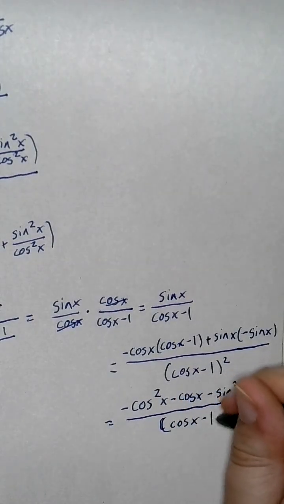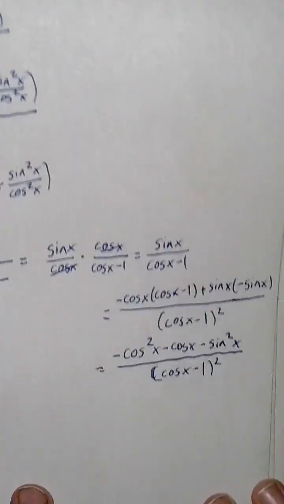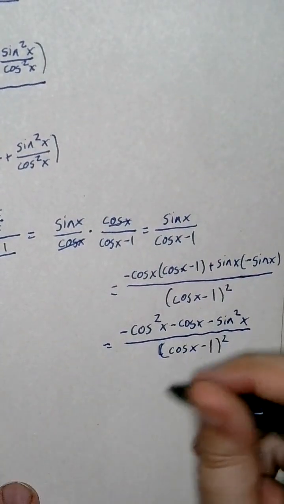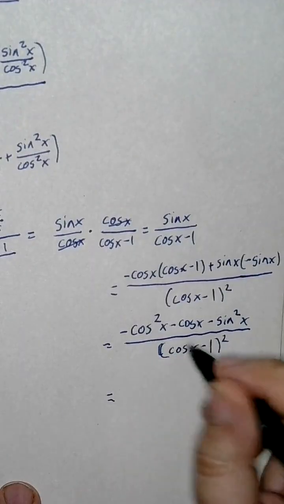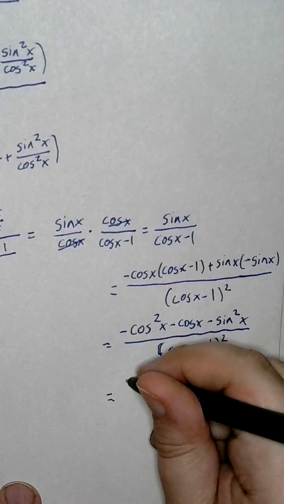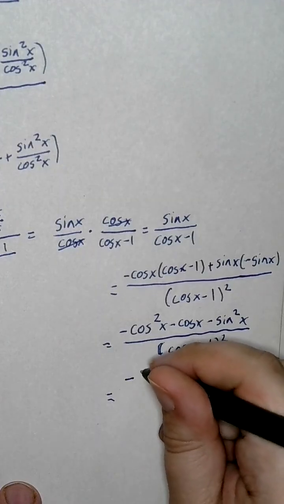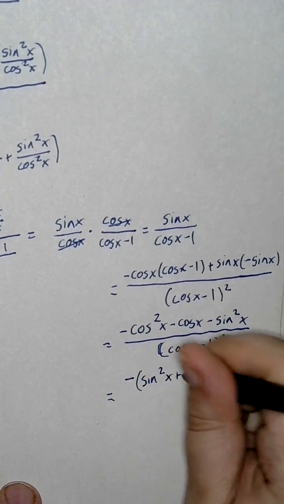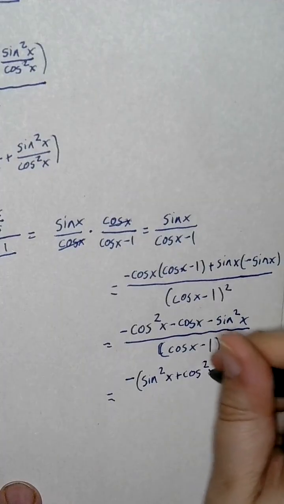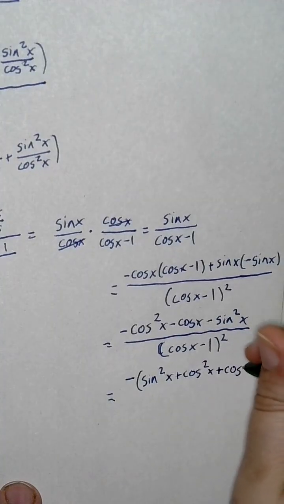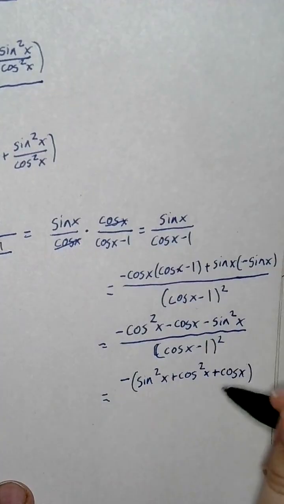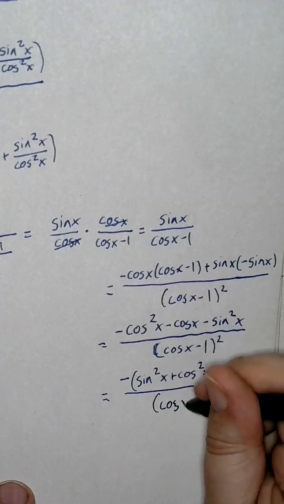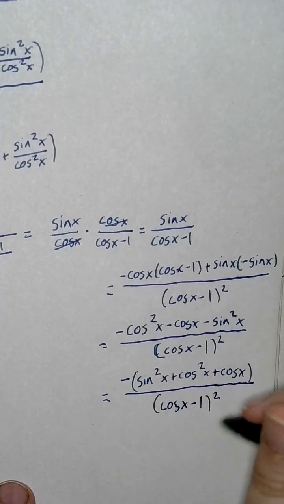Factor out a negative. I'm going to switch the order. Sine squared x plus cosine squared x plus cosine x all over cosine x minus 1 all squared.